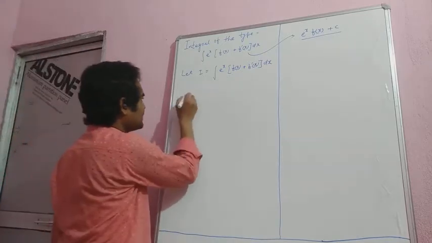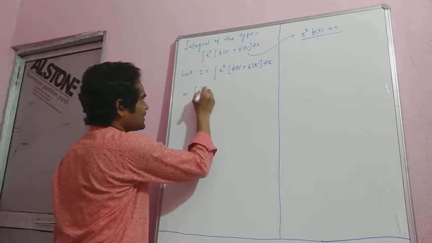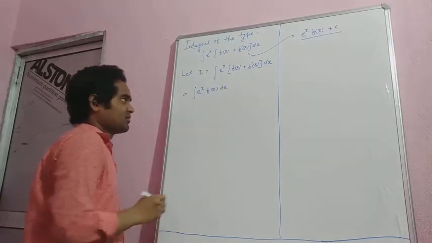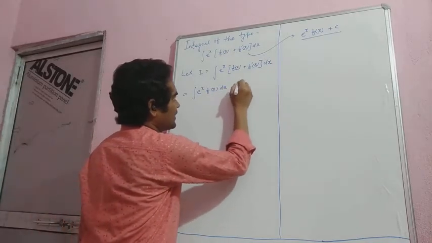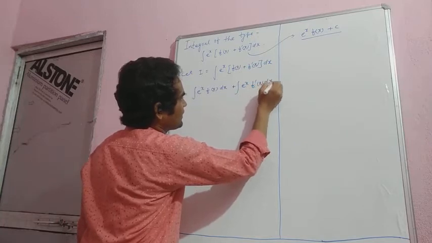Now we can write this expression as the integral of e to the power x f(x) dx plus the integral of e to the power x f'(x) dx.